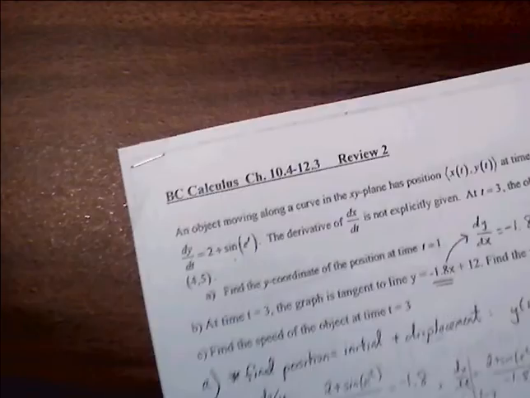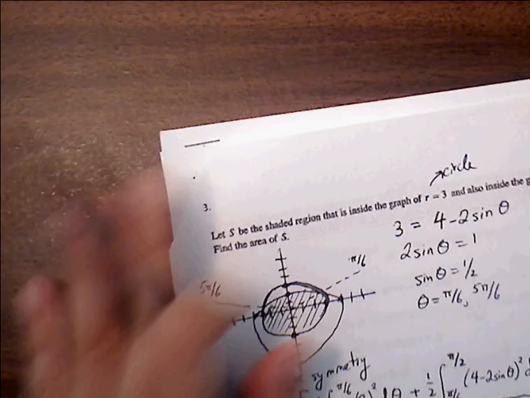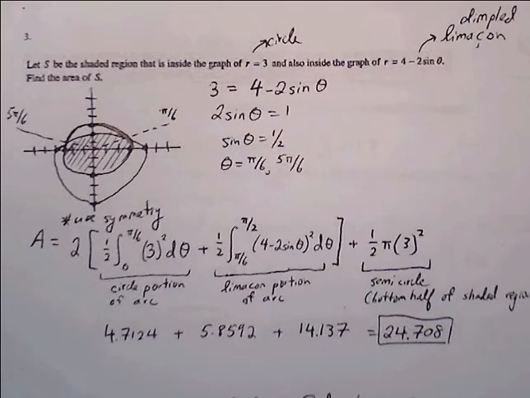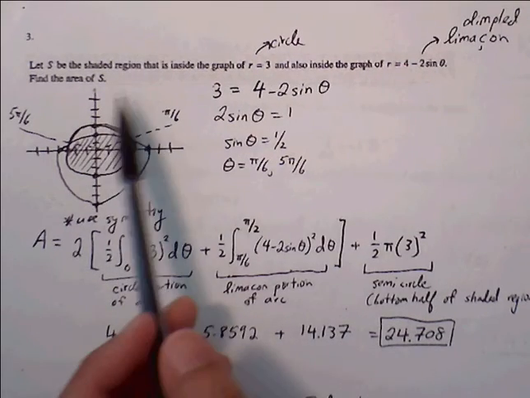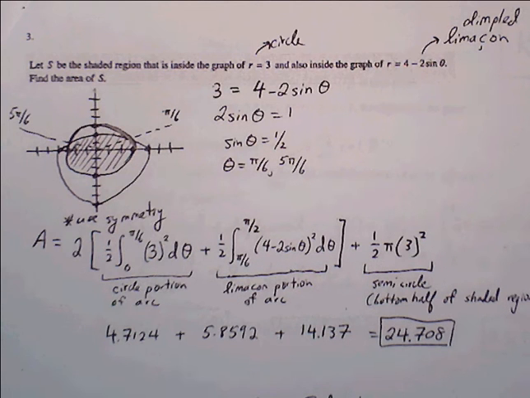Okay, let's go to the back here. Number 3, let S be the shaded region that is inside the graph of r equals 3. So r equals 3 is a circle equation.